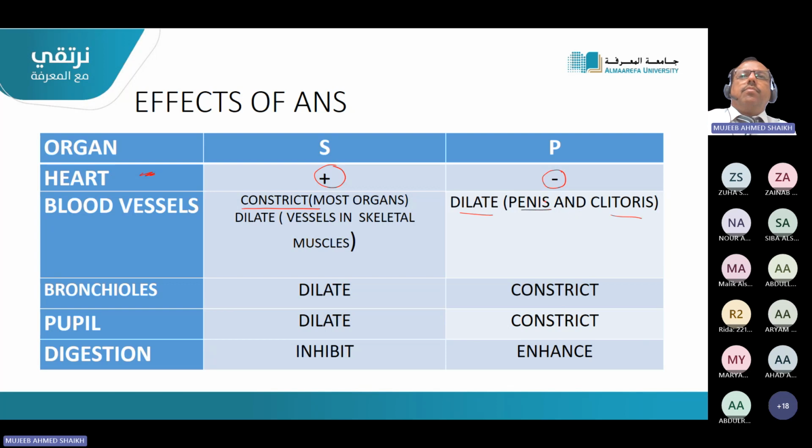Bronchioles in the lung will be dilated by sympathetic and constricted by parasympathetic stimulation. Pupils will be dilated by sympathetic and constricted by parasympathetic stimulation. Digestion will be inhibited during sympathetic stimulation, and enhanced during parasympathetic stimulation, because parasympathetic is more dominant during the rest and digest state.